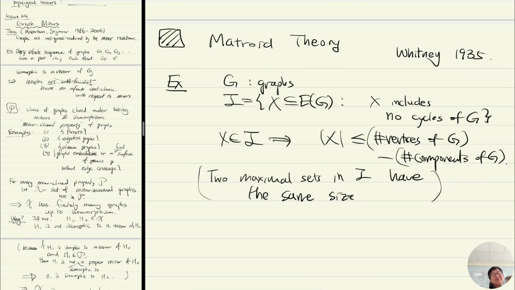These are precisely the edge sets of spanning trees, and spanning trees have exactly n-1 edges when n is the number of vertices. So this is a strange property: you have a collection of subsets, and all maximal sets have the same number of edges.